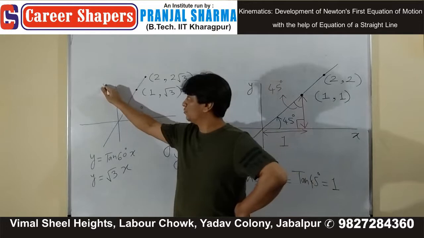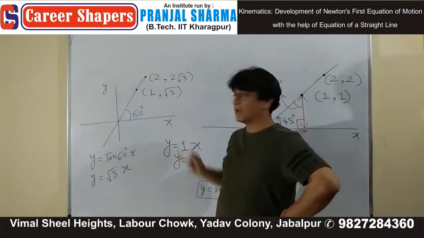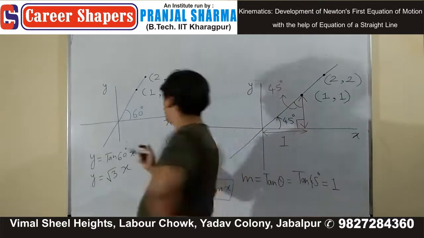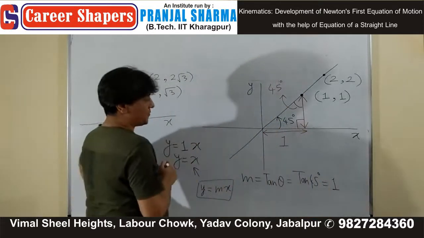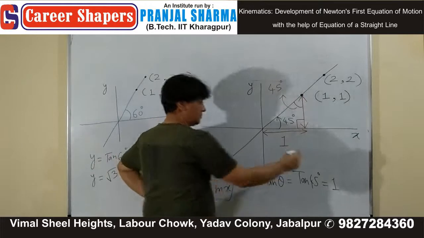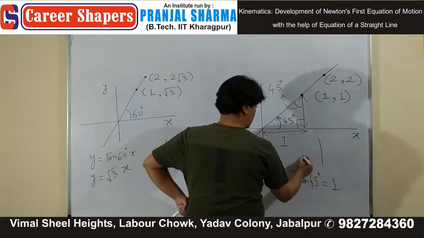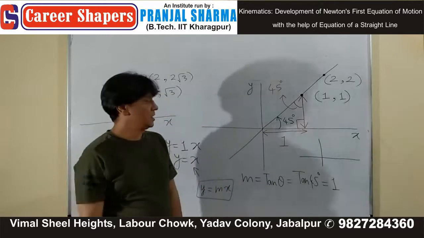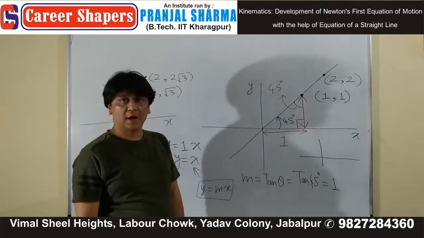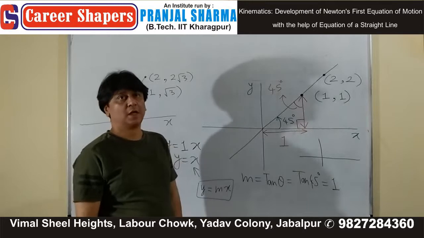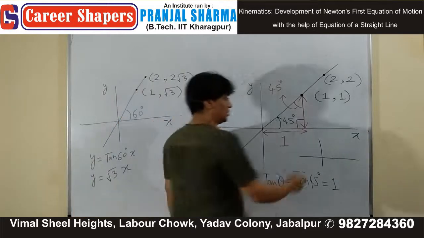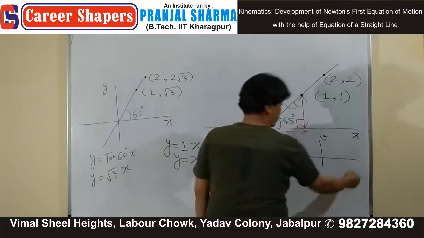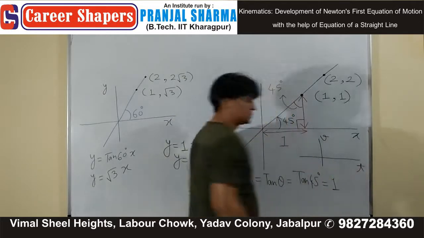This is y-axis, this is x-axis. Now, look here. It's not about y and x. It's about anything which is on the vertical axis or is on the horizontal axis.